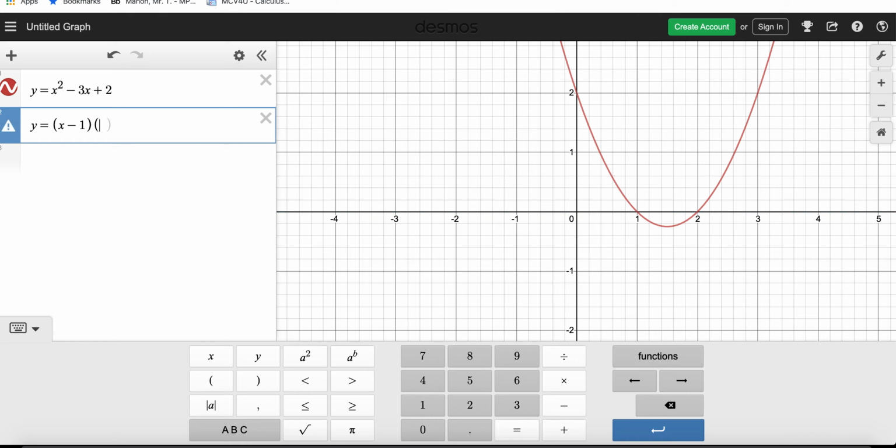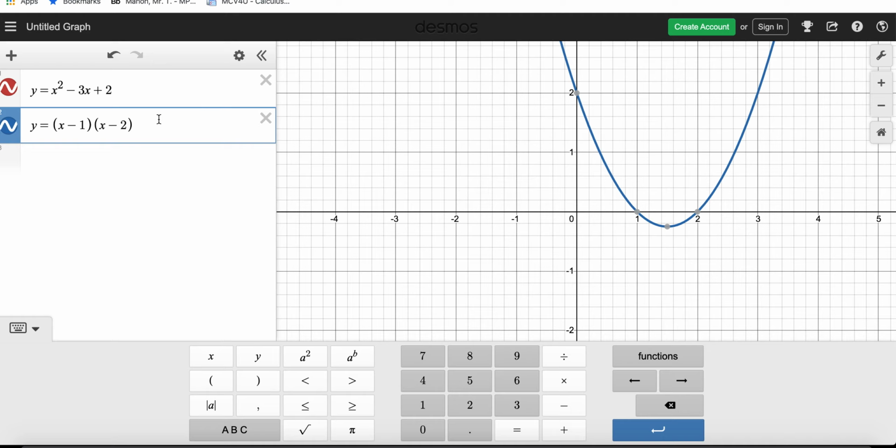The second bracket would be (x minus 2). If you see here, the new graph, the blue one, just coincided with the original one. Because technically, they are like two sides of the same coin, two equations for the same graph.